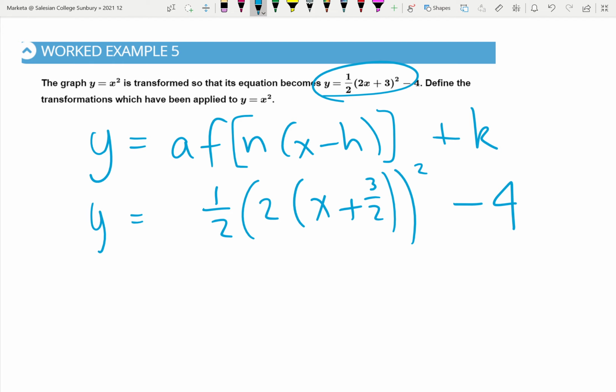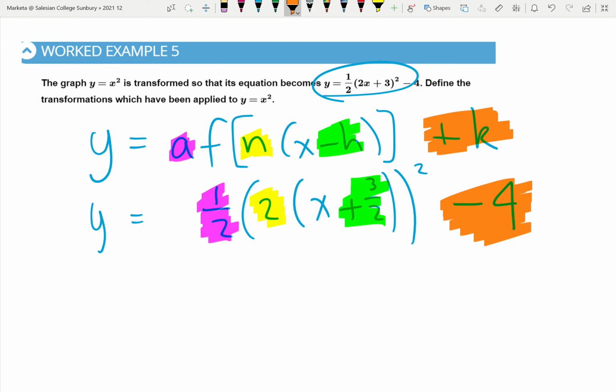So this is our equation here. And now we just need to see which values are which. So there's our a value there. The n value is going to be the 2. Obviously x is x, I'm not going to highlight that. Then we've got this h value here, and of course the k value.